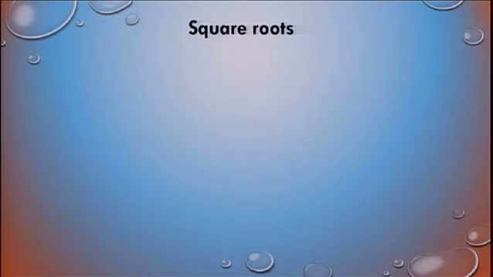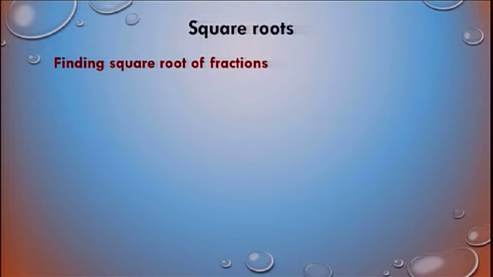So students, now I'm going to show you how to find square root of fractions. Let's begin with square root of 2 and 7 over 9. To be able to find the square root of this mixed number, we're going to write it as an improper fraction. So 2 and 7 over 9 is same as 25 over 9.